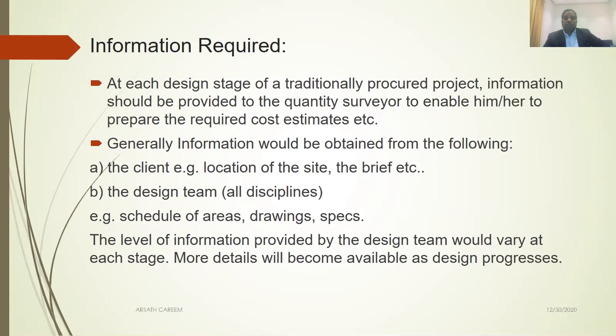Generally, the following information: the client, location, site, the brief of the project, the design team, schedule of areas (ground floor how much, first floor how much), external work, also drawings and specs. The level of information provided by the design team would vary at each stage. More details will become available as the design progresses. So to prepare an initial cost plan, these are the details you require.